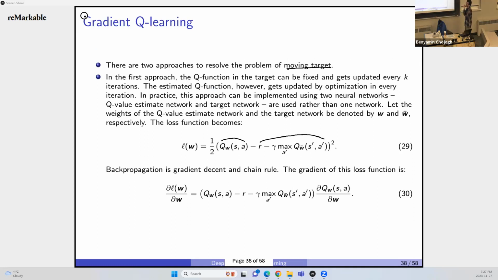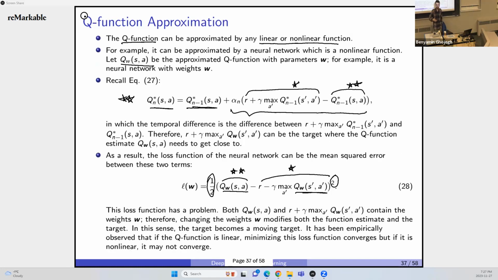So what should we do? There are two approaches to handle this. You tell me without looking. In real life, one person is chasing another person, and the next person is also moving. What do you do? So you're saying that slow down one of them and make the other one faster.